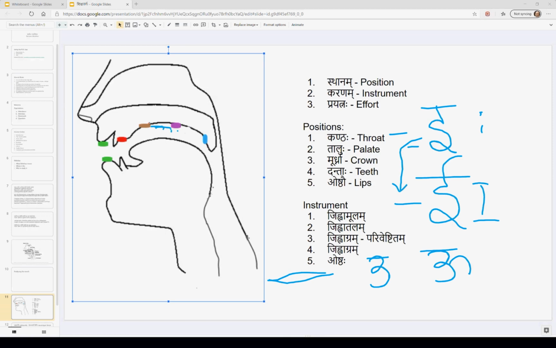For u, the tongue is in neutral status, the throat is tense, and the lips are circular, or you can say a little protruded, pointing forward.